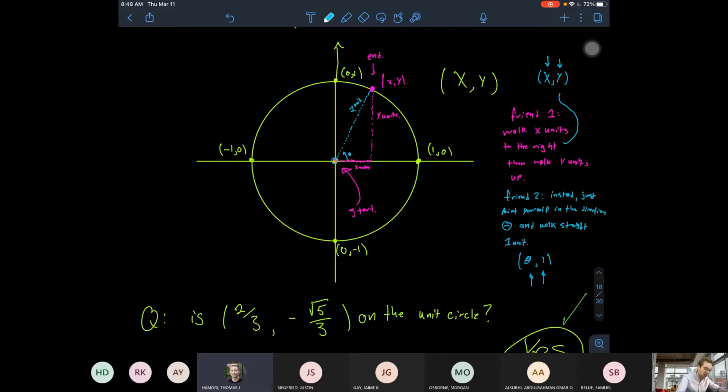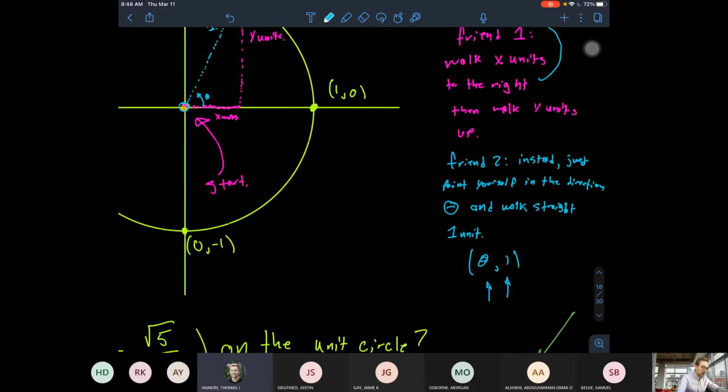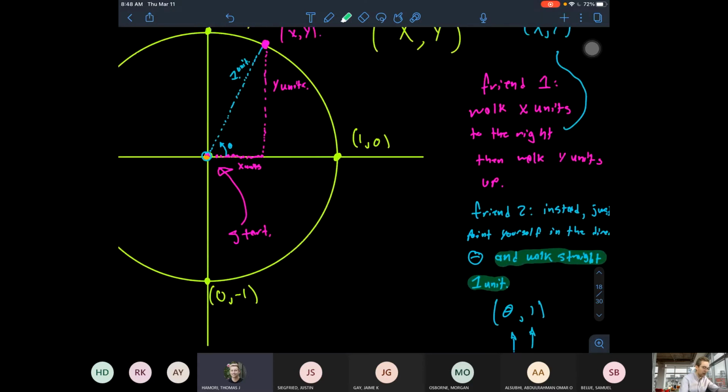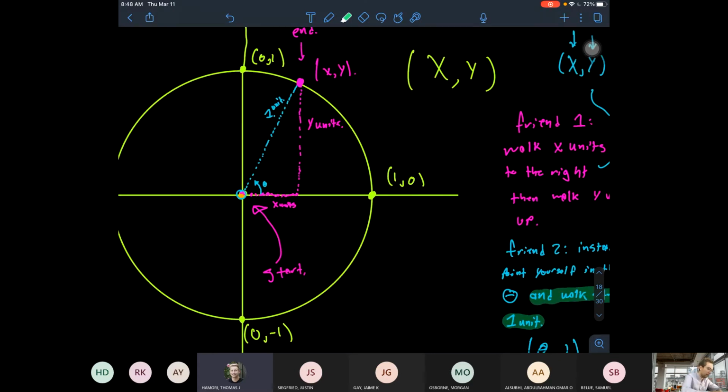Now, since we are always working on the unit circle, friend 2 doesn't even really need to specify that we walk straight 1 unit. And why is that? Well, no matter which direction I'm looking, if I walk 1 unit away, I'm going to be on the unit circle.